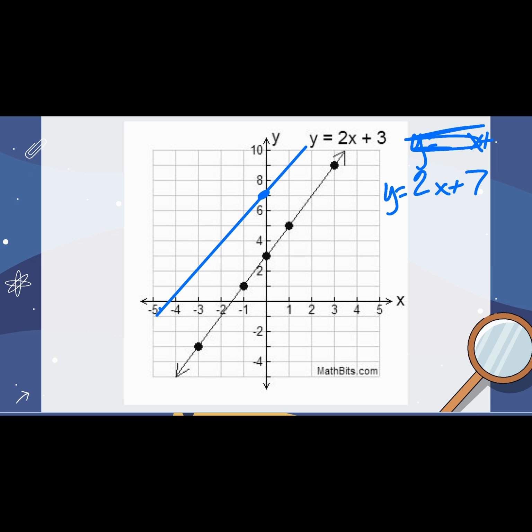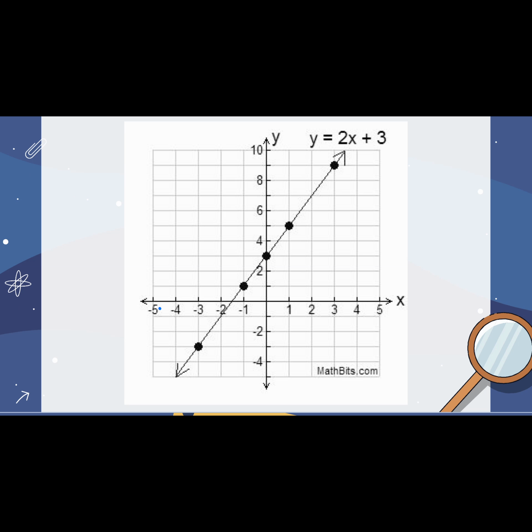So the only thing that will change when we're writing a parallel line is our y-intercept. That's it. Our slope will stay the same. And we'll put a theorem to that, in a little bit better language, in a second. But we're just getting used to the idea.